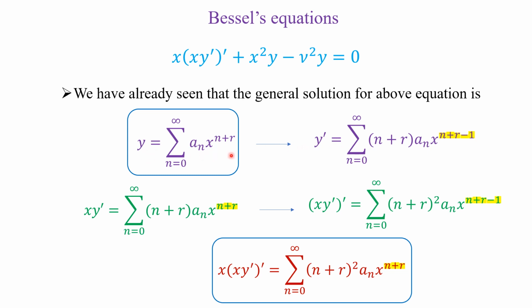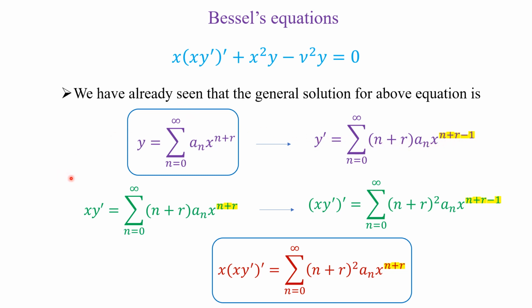So if you differentiate this with respect to x, what you will get? x power n plus r will become (n plus r) x power n plus r minus 1. So a_n you are keeping as it is because there is no x dependence in a_n. So this is y prime.